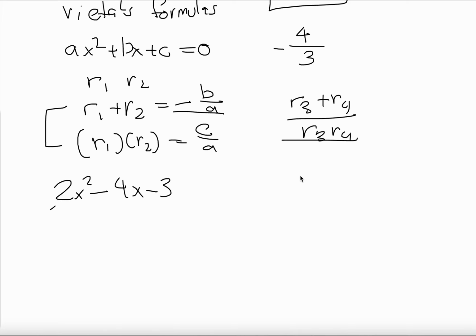By Vieta's formulas, R3 plus R4 is going to equal minus b over a, which is 4 halves here. And the denominator, R3 times R4, is going to equal c over a, which is minus 3 halves, which again simplifies to minus 4 thirds. And so this leads us to a nice pattern. Every 2 of these roots is always going to sum to minus 4 thirds.